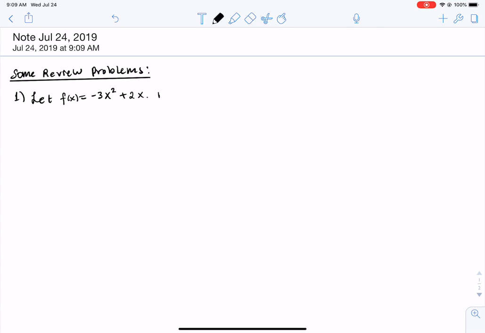Let's simplify the difference quotient, f of a plus h minus f of a, all of this divided by h. They usually give you a condition at the end that h is not 0, right? But for us, it's fine. We're just going to simplify that expression.